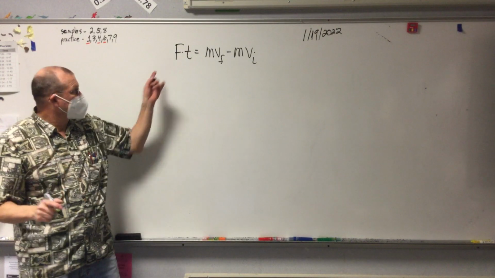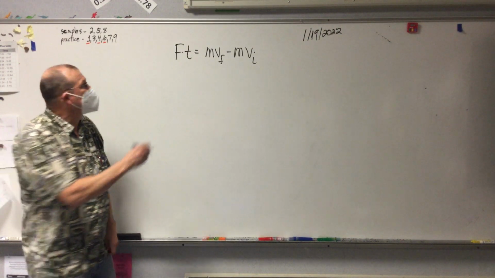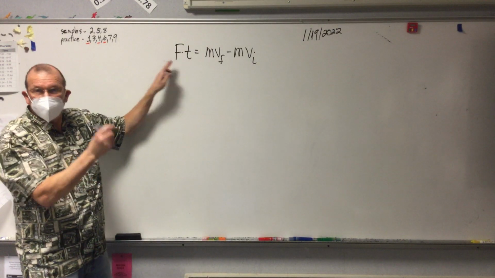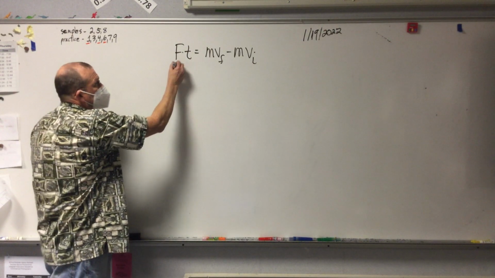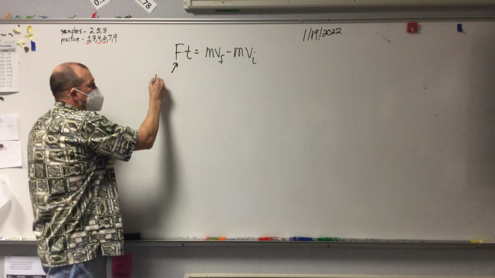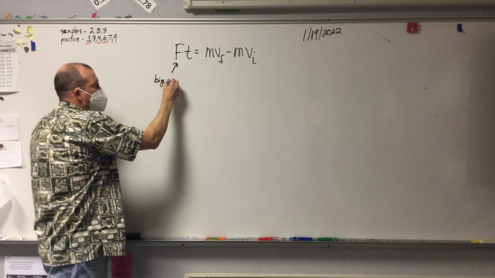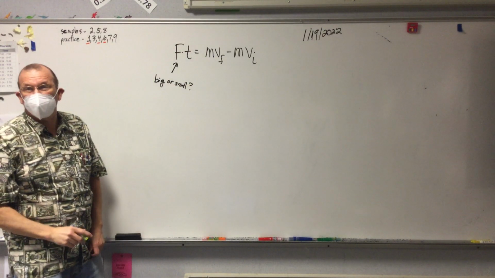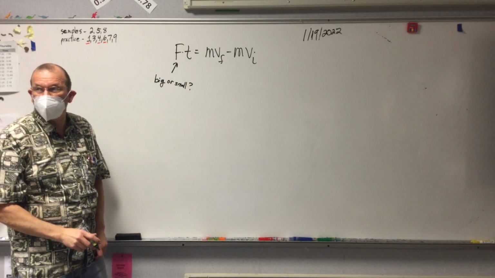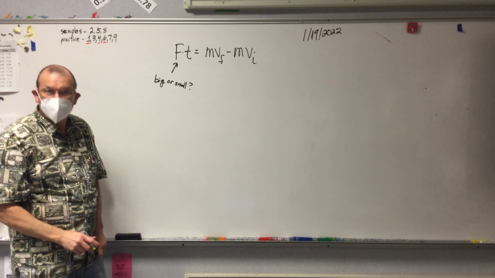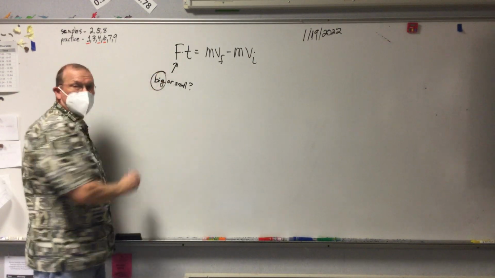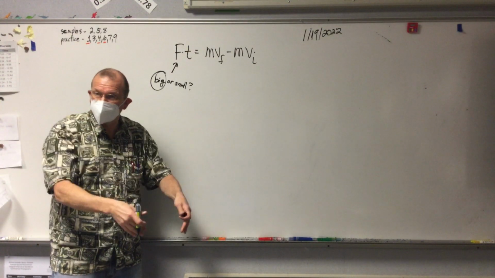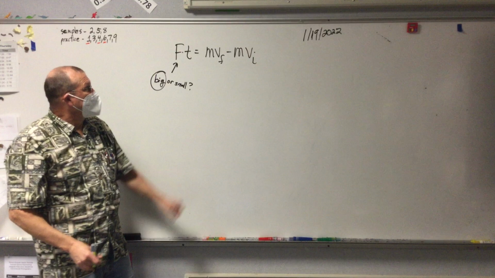Maybe force. I'd go with force. Okay? So, I want the nail to be driven into the wood. So which one do I want? Do I want it to be big or small? We want it to be big, because if it's big, then there is more newtons of force that would drive the nail into the wood.